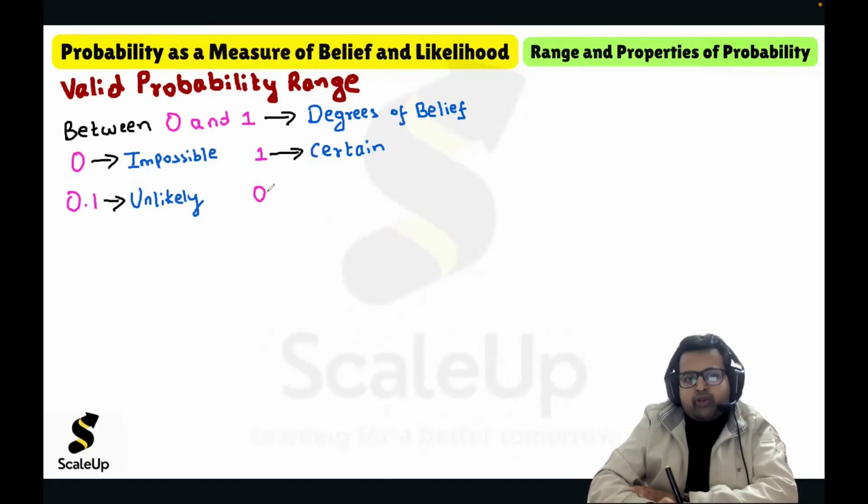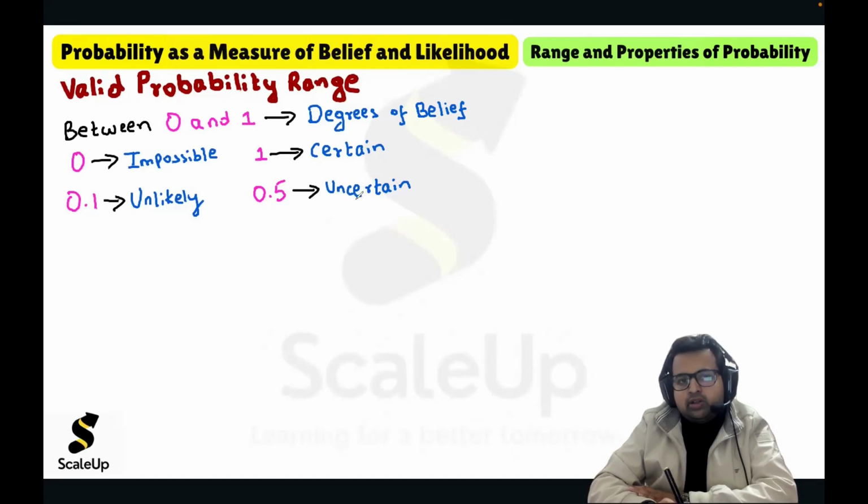Probability can be 0.5, and 0.5 is like the midpoint, because 0 means impossible and 1 means 100% sure. Here we cannot say anything about the event, whether it will occur or not, whether it is likely or not. And 0.9 means the event is highly likely.